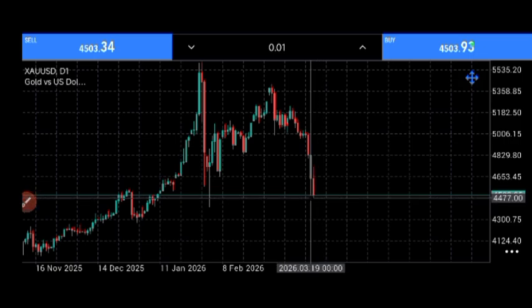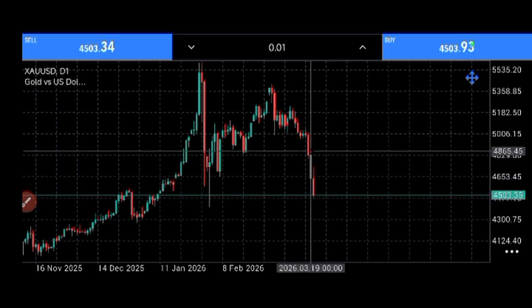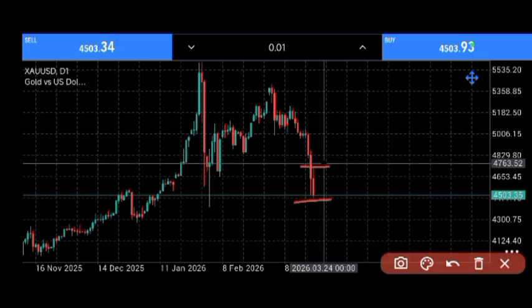Again, let's see this on the 19th of March. This candle on the 19th of March was moving from 48.68. The 48.68 is this side.